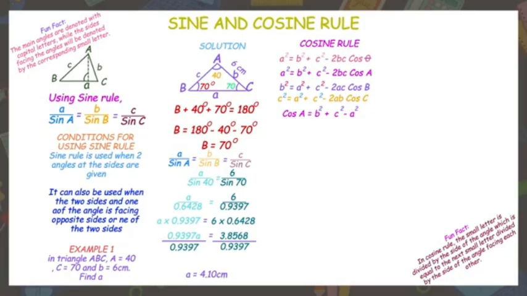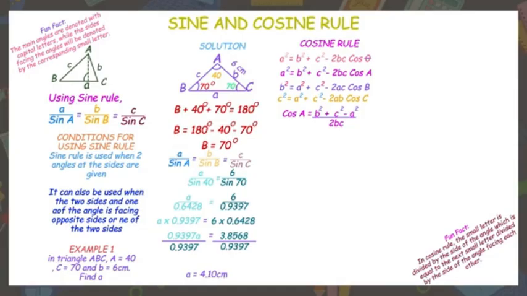This one, when it crosses that sign, becomes a negative. That will be minus A square, everything divided by 2BC. That's for cos A.